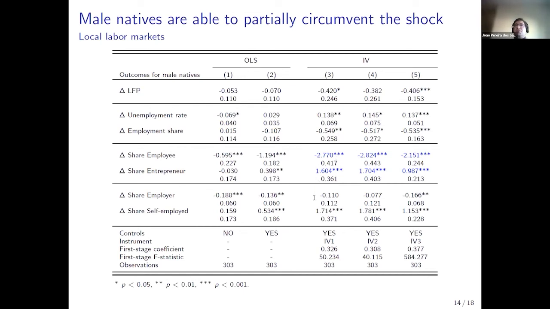But what kind of entrepreneurs? Not really high quality entrepreneurs, so they don't become employers, they become self-employed. So they are fired from employees, but they are able to open a small store, to become a taxi driver, something like this.